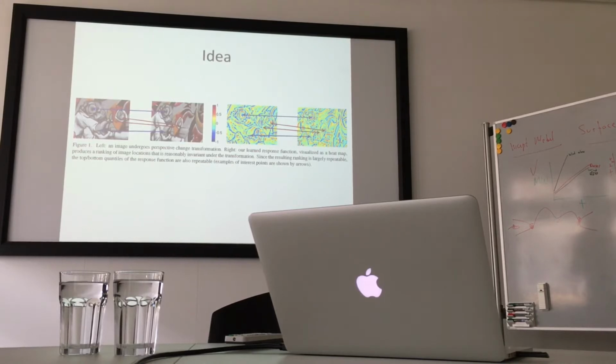Oh, sure, that's a good question. The point is that you need to know the correspondences. You need to know which points in the left image correspond to the points in the right image. How would you do that? For example, you could simulate the perspective transformation: transform the image randomly, and then you have this example. You know the correspondence because you actually mapped it with some matrix.